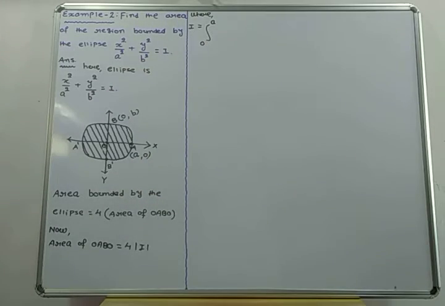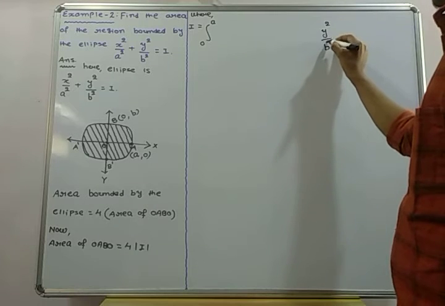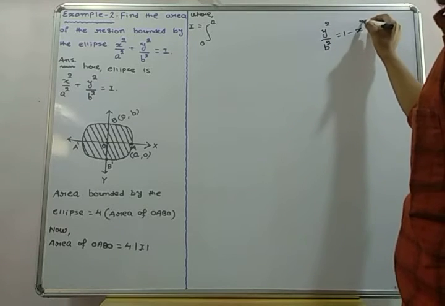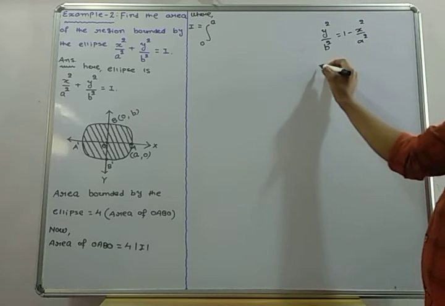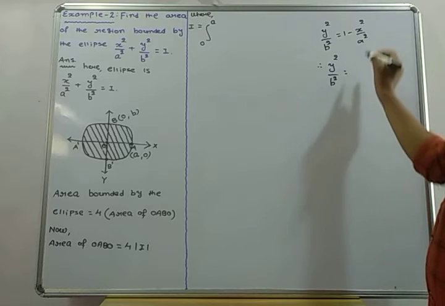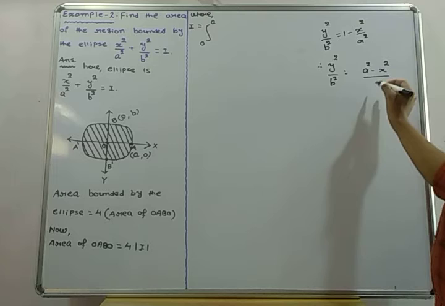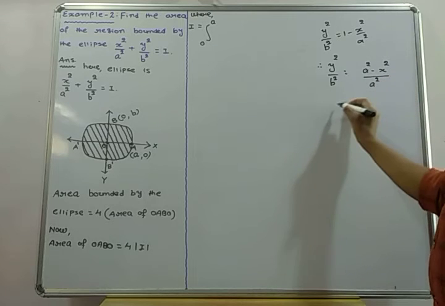So y square by b square equal to 1 minus x square by a square. So y square by b square equal to a square LCM, a square minus x square upon a square.